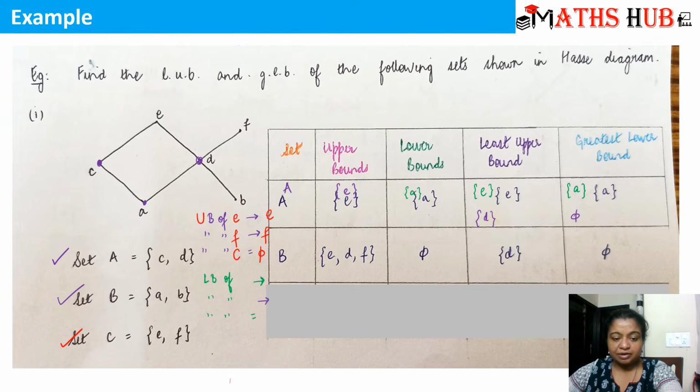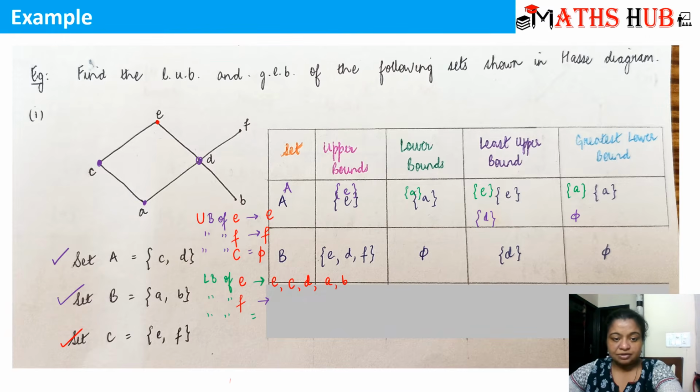Now let's talk about the lower bounds of the element E. Who are the lower bounds of E? So the lower bounds are E, it is C, it is D, it is A, and it is B. Now, who are the lower bounds of F?